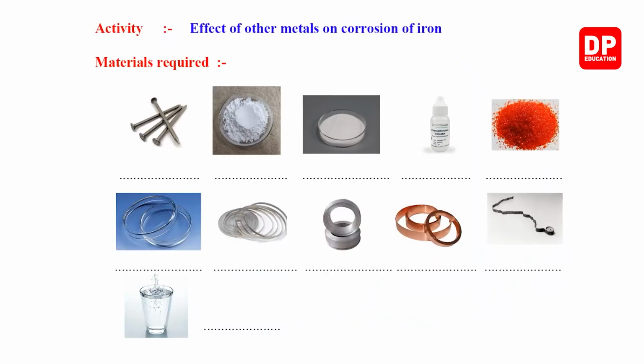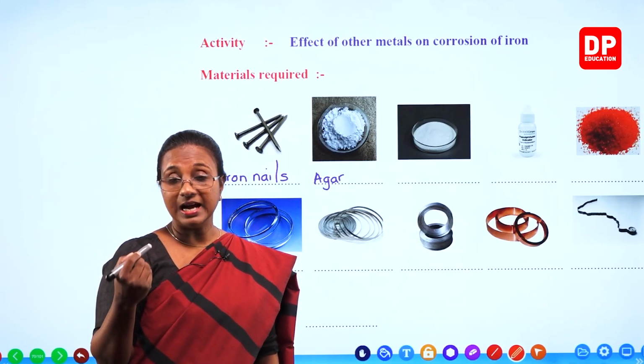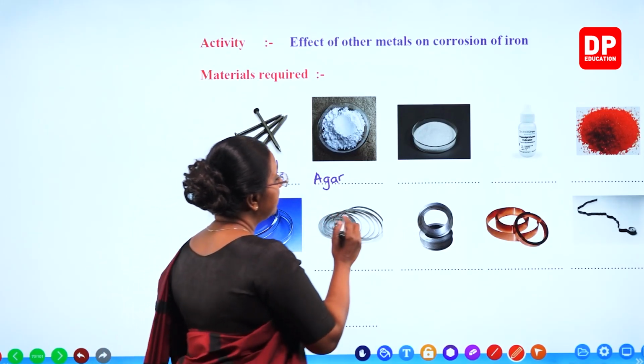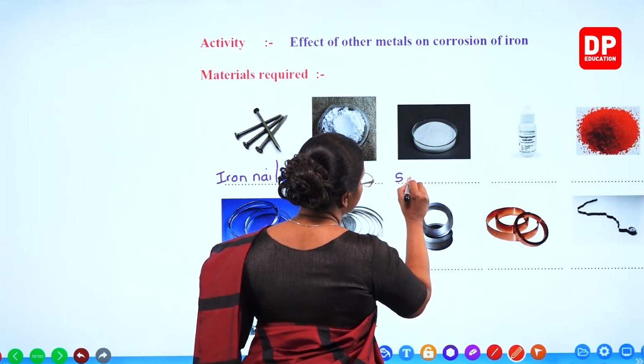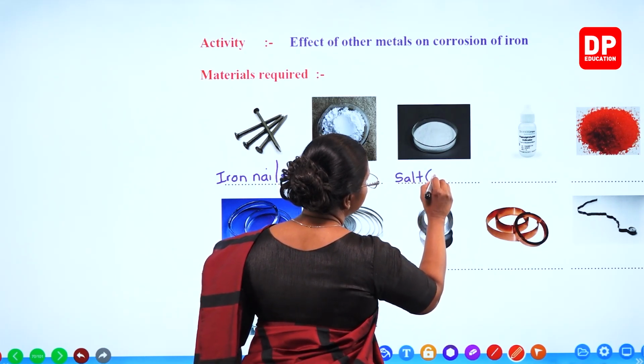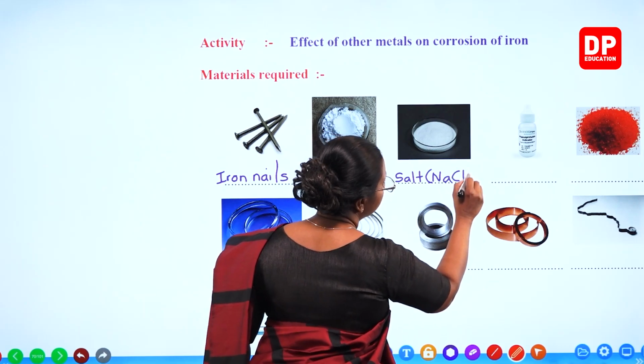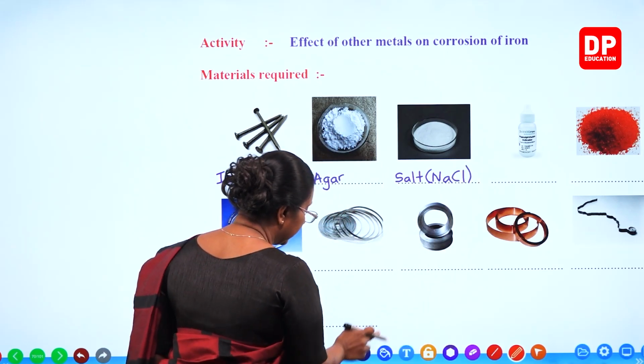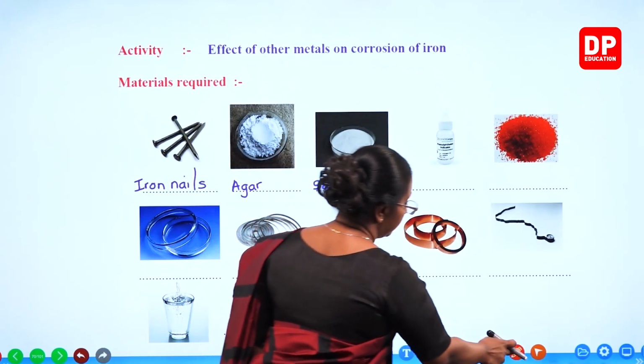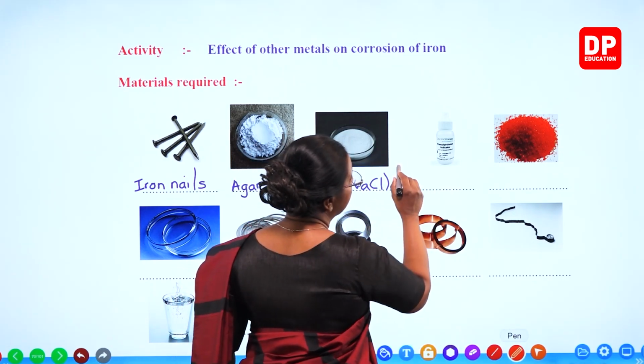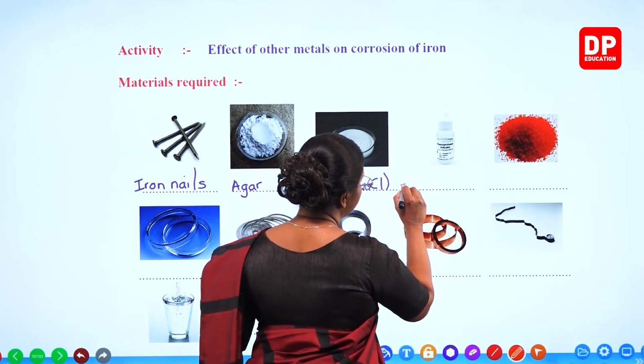So here we need iron nails. Then we need agar powder. Agar powder is needed to make the agar medium. Then we need salt. Salt is sodium chloride, the normal salt that we use at home. We need that. In addition to that, we need phenolphthalein, that is an indicator, you all know that.